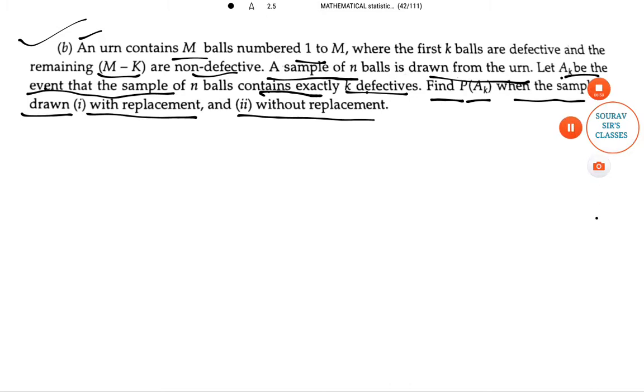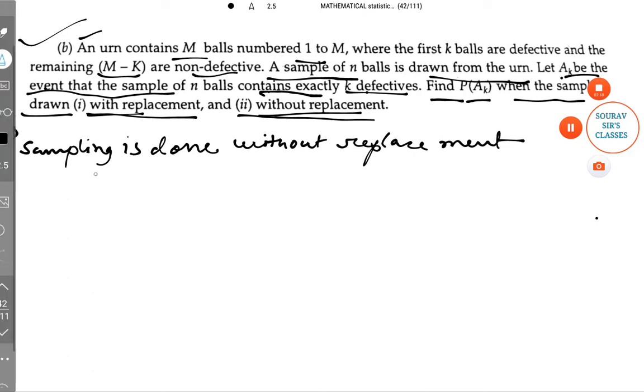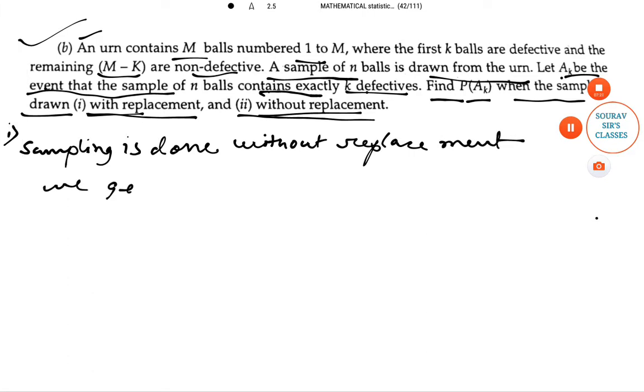I hope you have gone through the question. Now I'll write down if the sampling is done. The first is with replacement, or say first we'll do without replacement. Then we get hypergeometric probability.